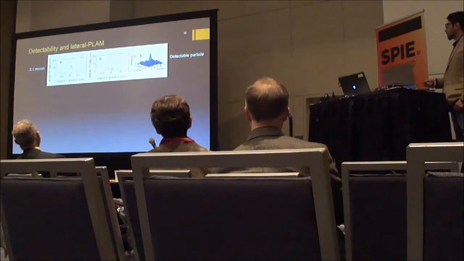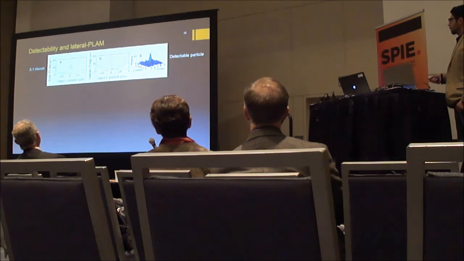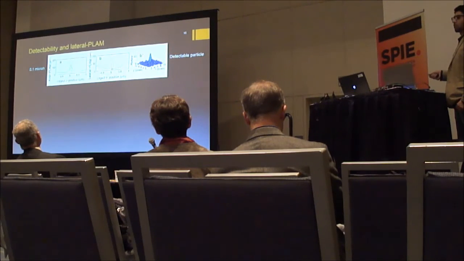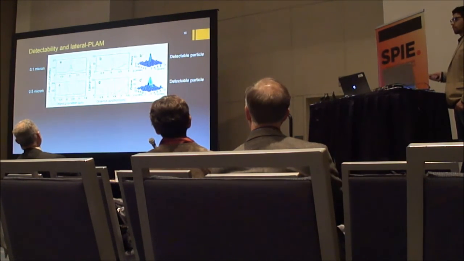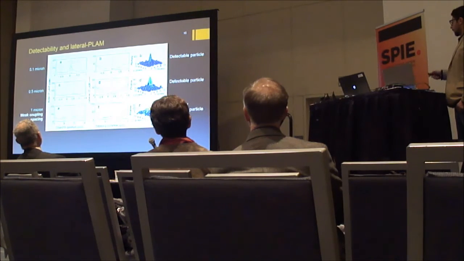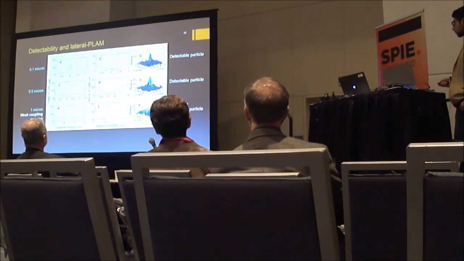So with very small spacing, as you can see, the numerical value of the lateral plan is small in here. And we get a large peak for the particle, so the particle is detectable. We increase the spacing to 0.5 micron. Still, we have low numerical values in here, and the particle is detectable. When we increase the spacing, at some point we start seeing a small peak in here.